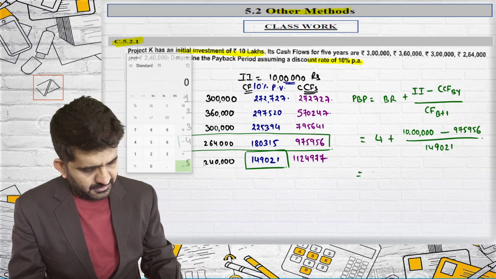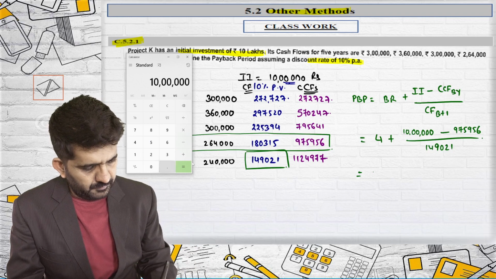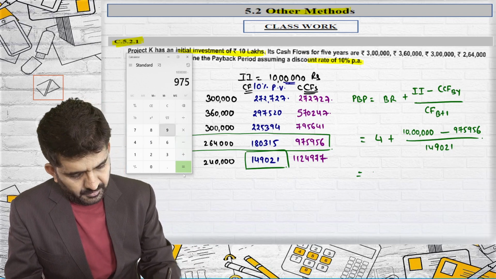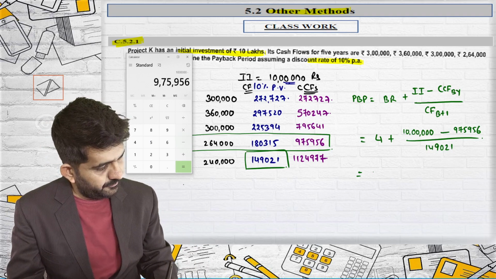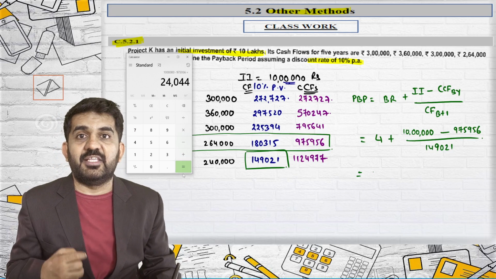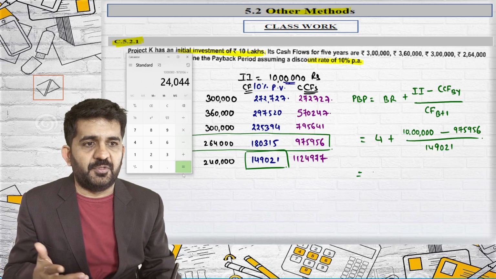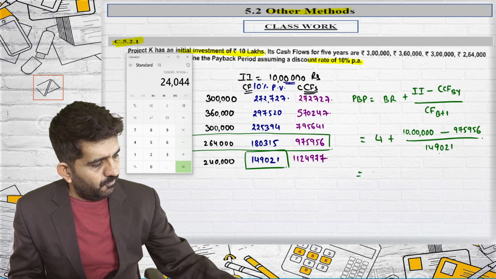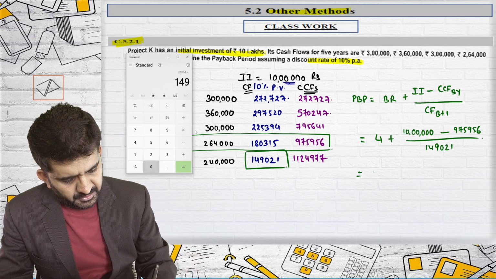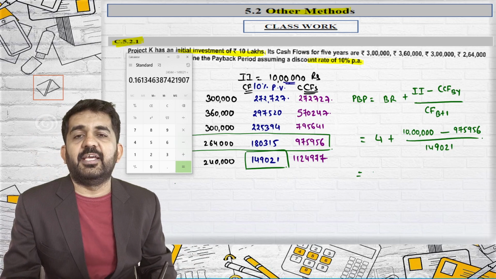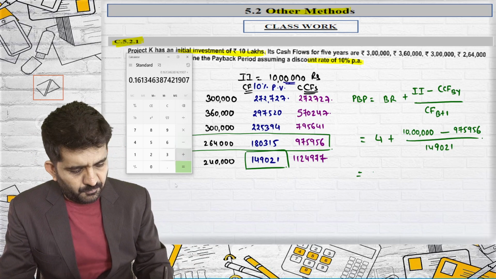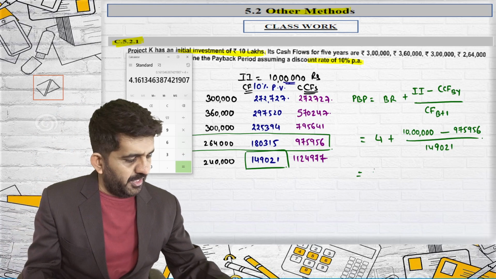It is 10 lakhs minus 975,956. This is the amount of investment that I need to recover in fifth year. But I am recovering 149,021. So it will take only 16% of a year to recover this money. Plus 4 is 4.16 years.